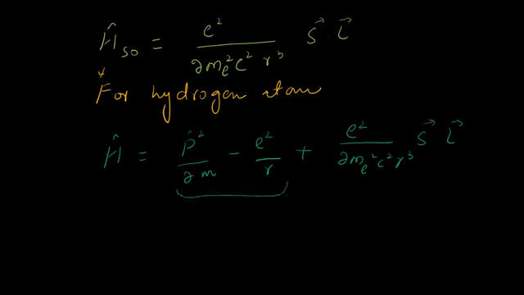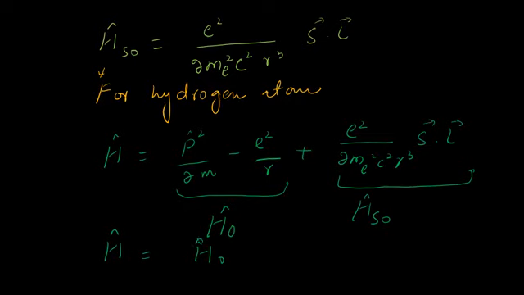The kinetic and potential energy terms represent the unperturbed Hamiltonian, and the additional term represents the spin orbit interaction. So the total Hamiltonian is the unperturbed Hamiltonian plus the perturbation.